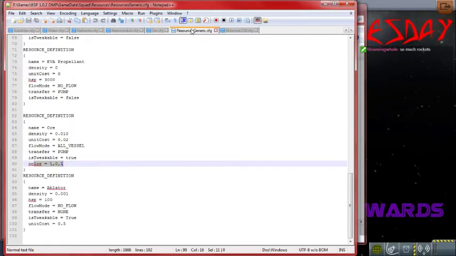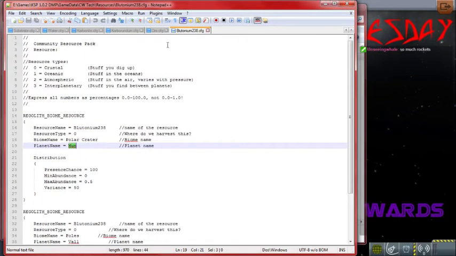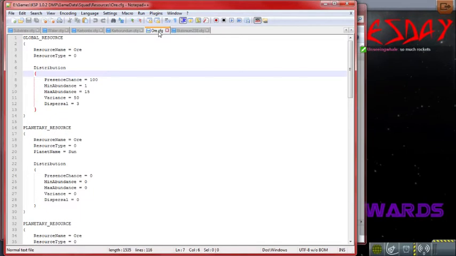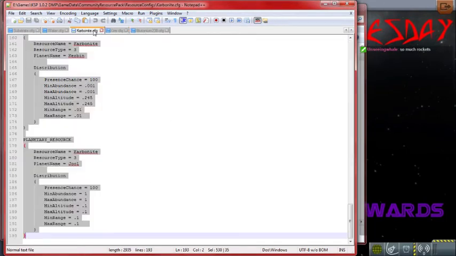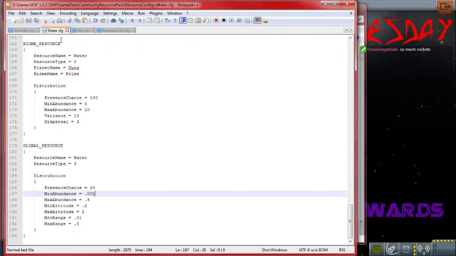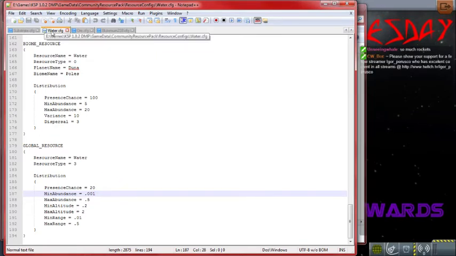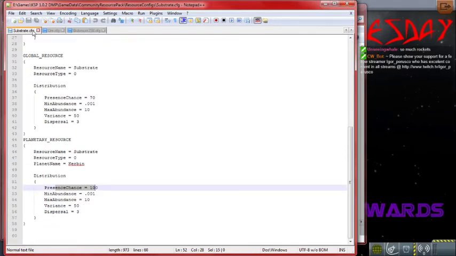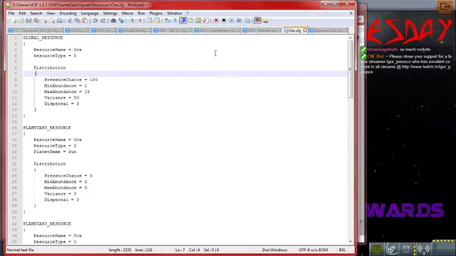So let's get rid of that config. Get rid of that one. That's the ore, so we'll keep that one. Get rid of that one. I think water may get overridden because this config, not so much a fan of it. Substrate, we can get rid of that.